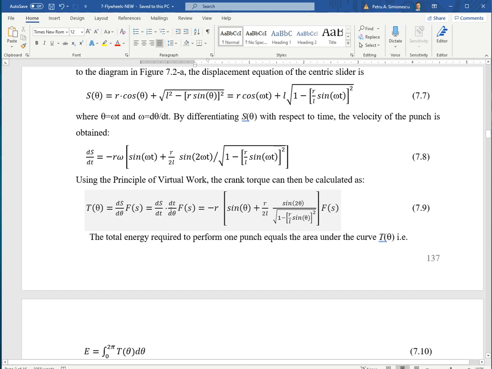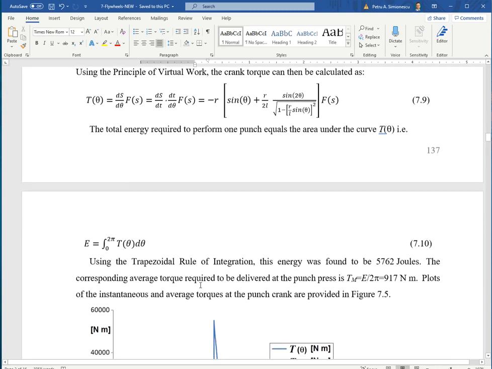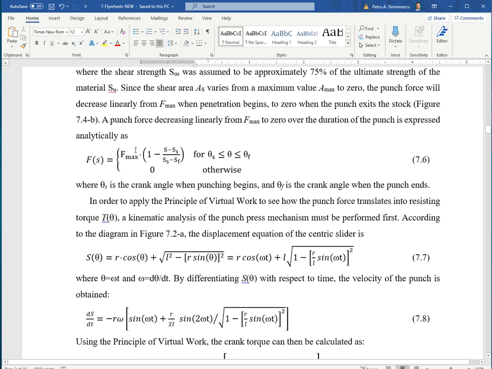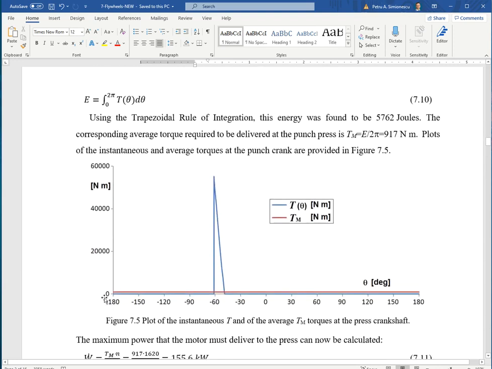By doing this multiplication, we ultimately state the equation for T. Okay, so this would be a function of theta, and using F, which is piecewise continuous, will result in a torque T. You see it here.